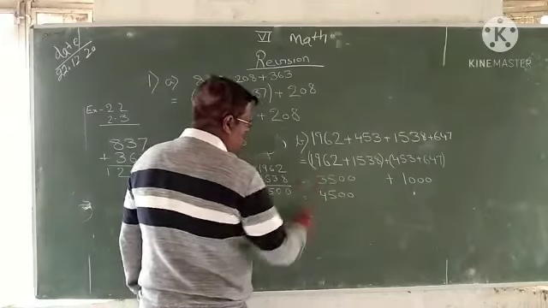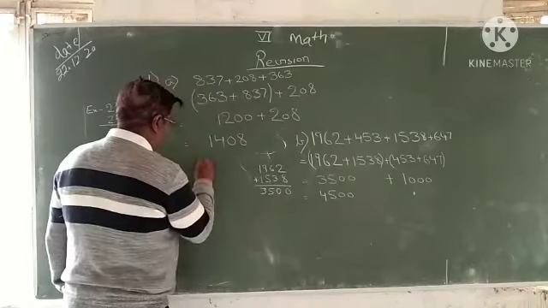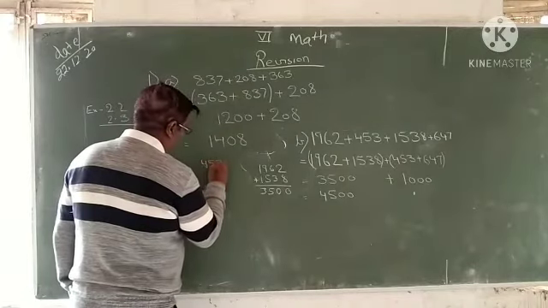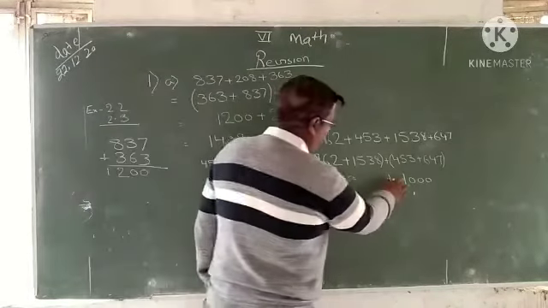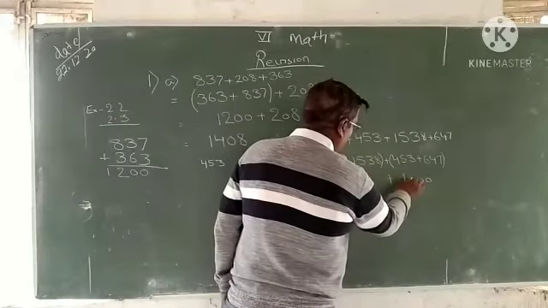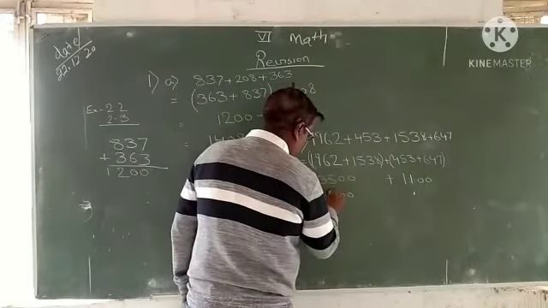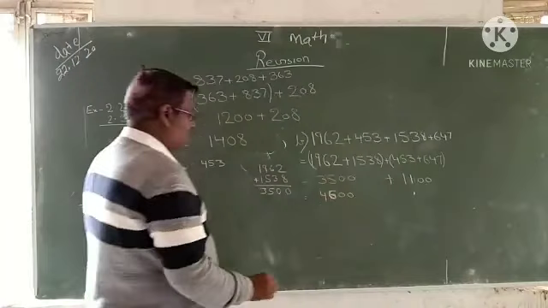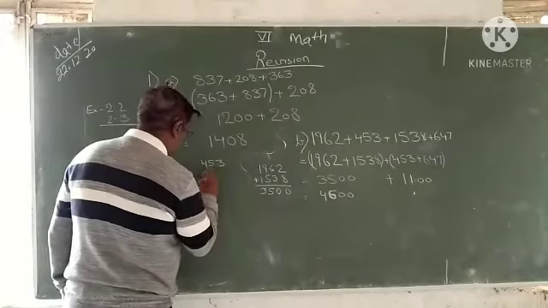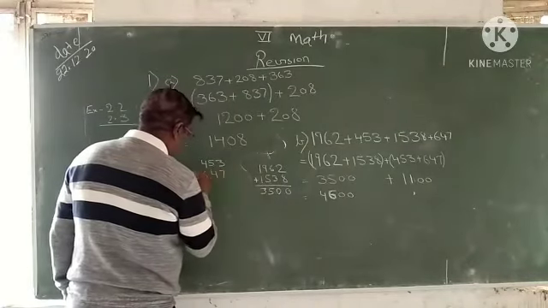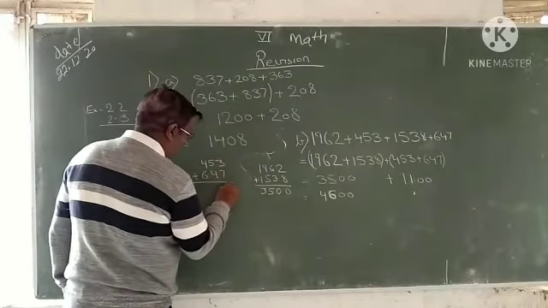So we got 3500 over here, and over here let's take the numbers 453 plus 647. I apologize, it will come as 1100, and this one will become 4600. If we add 53 plus 47 it becomes 100.